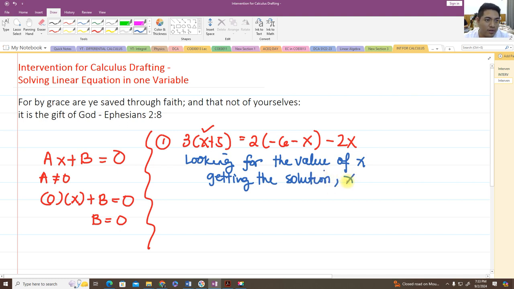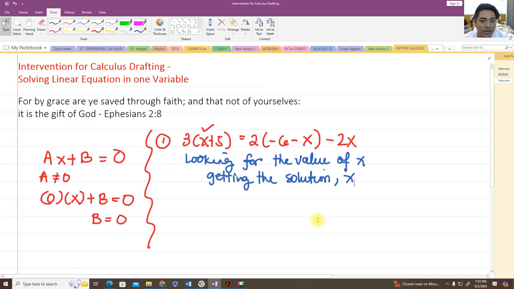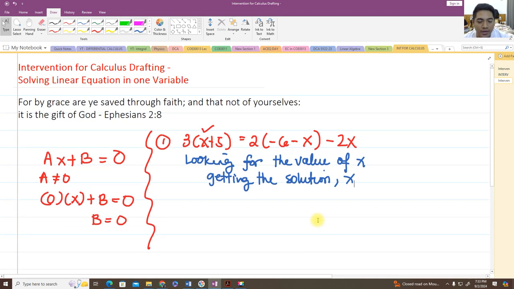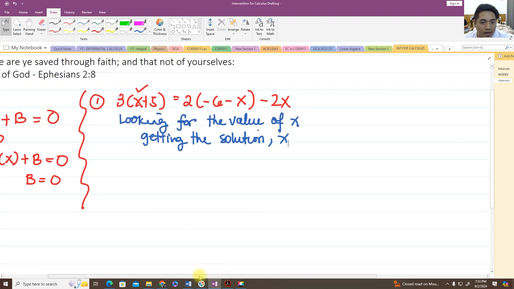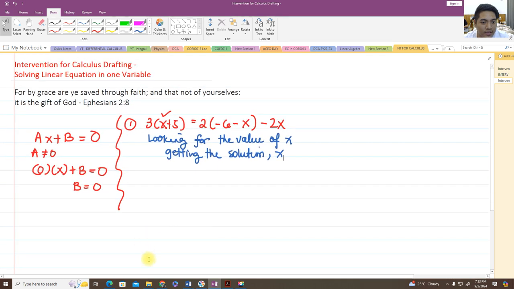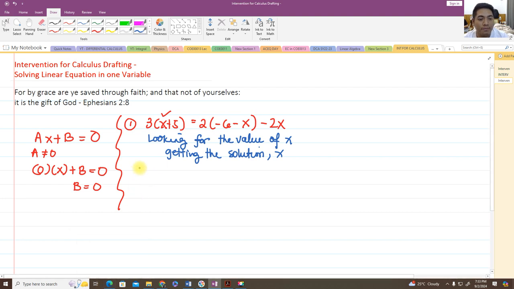So if we want to get the value of x that would make this equation true, okay, 3x plus 5 equals 2 quantity negative 6 minus x minus 2x, we must employ, okay, the rules of algebra.